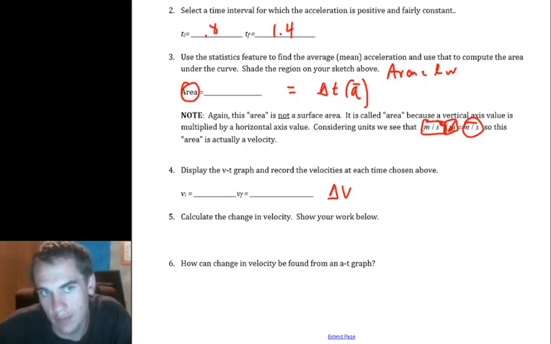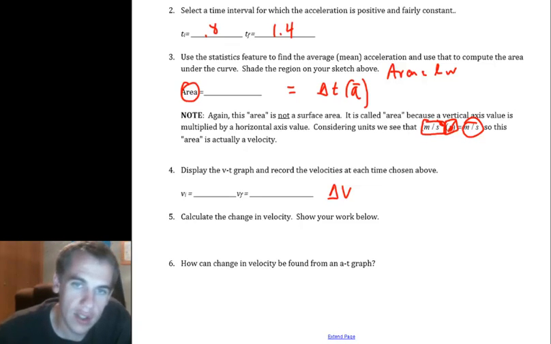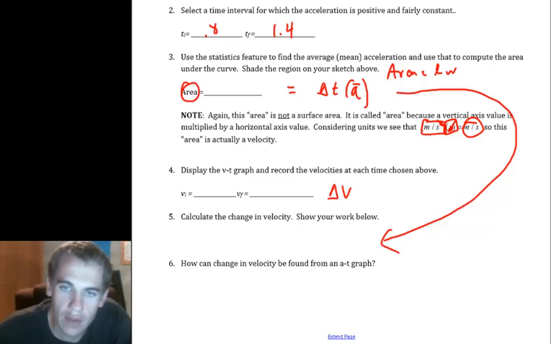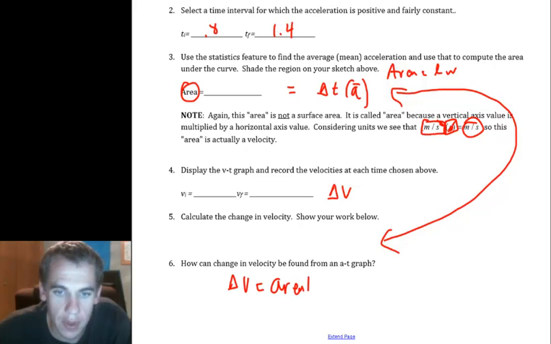Okay, and you probably had it from last time. And hopefully what you found was that the area you calculated here and the change in velocity you found here were the same thing. Okay, and so that leads us to this. How can change in velocity be found from an AT graph? Delta V equals area. Whoops, that's not how you spell area.